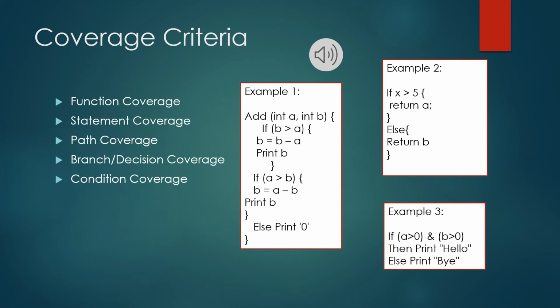Now, moving on to condition coverage using example 3 and 2 data sets of 1 and 0, 0 and 1. With the data set 1 and 0, in this case, A is true and B would be false. With the data set 0 and 1, in this case, A is false and B would be true.